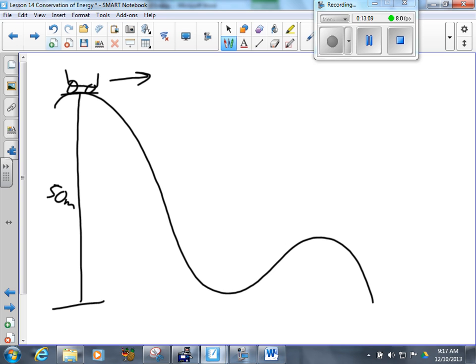Let's say it's 1,600 kilograms, including riders, which I didn't draw. And it's still on the track, even though it doesn't look like it. Up here the roller coaster is moving at about 5 meters per second.